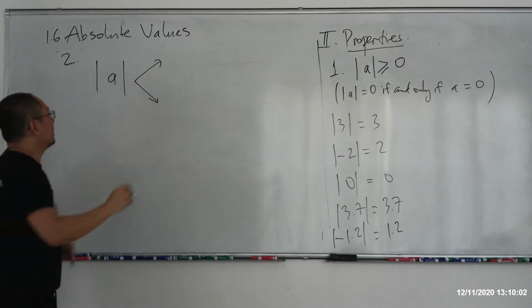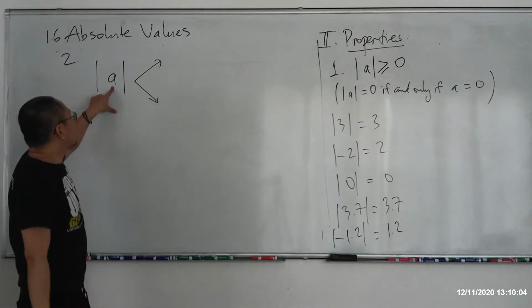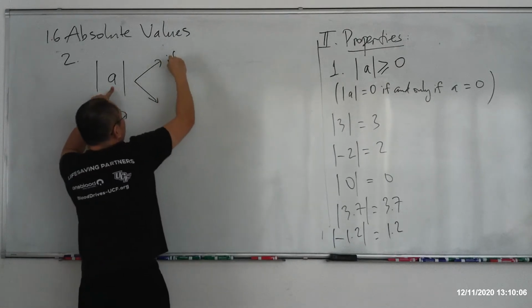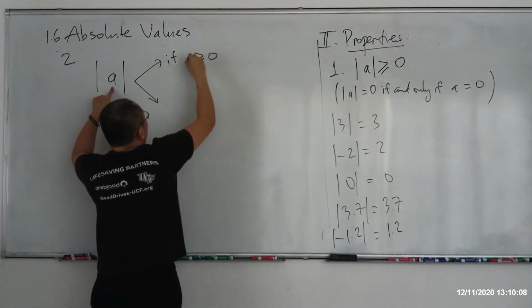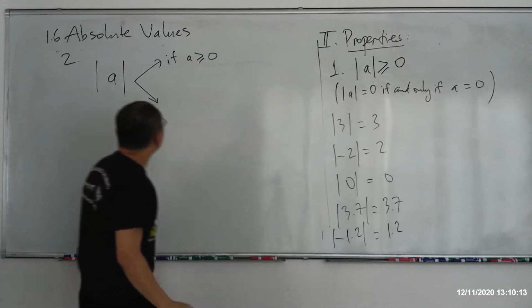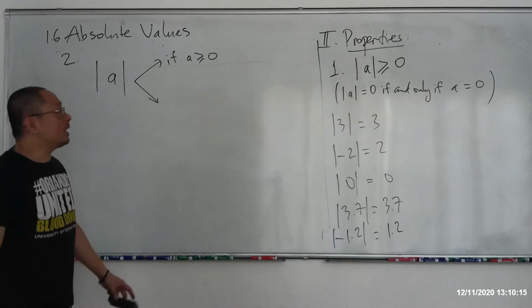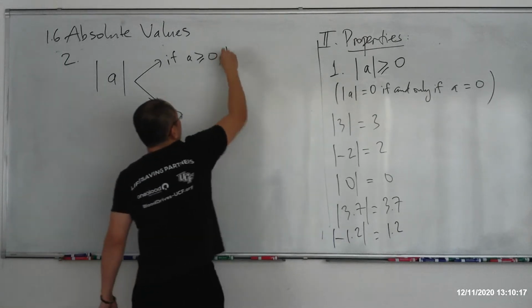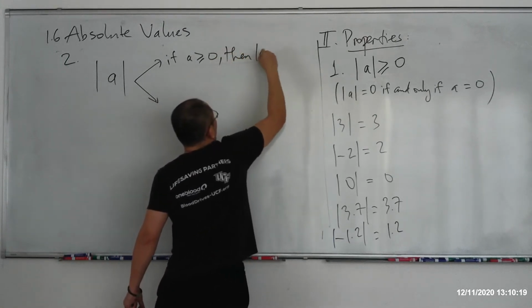If the number A is positive or 0, if A is greater than or equal to 0, then the absolute value of A is equal to A itself.